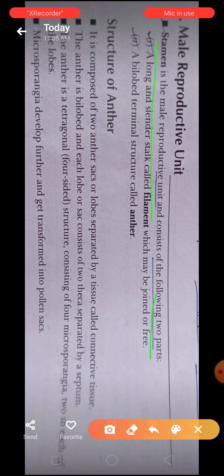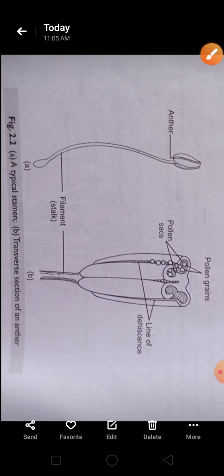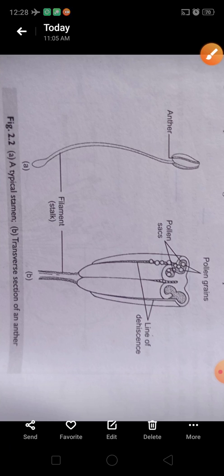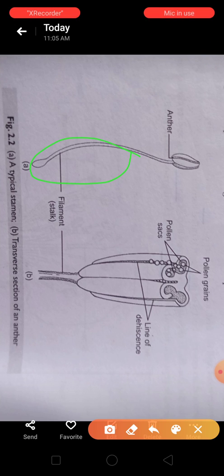Number one, a long cylindrical stalk called the filament, which may be joined or free, and number two, a bilobed terminal structure called the anther. So the stamen consists of two parts: filament and anther. See the structure here. This is the long part, known as the filament, and this upper part is the anther.